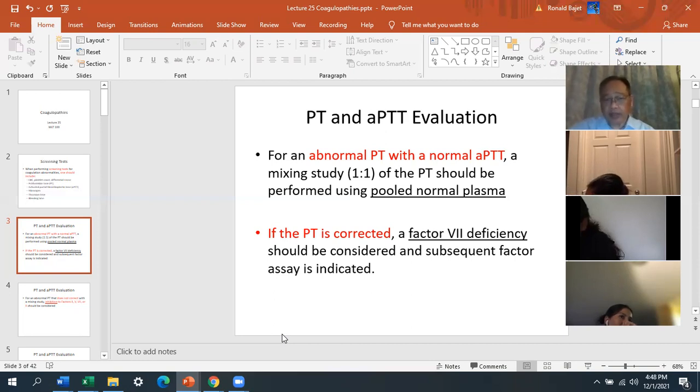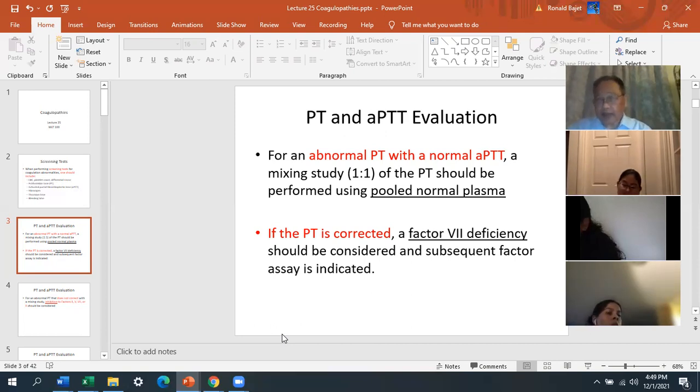If the pro time is corrected, then you can assume that it's a factor 7 deficiency. Remember I told you the normal pro time is about 12 to 14, and the patient's pro time straight was about 21. Well, if it came down to 16 or 17, that's correction.